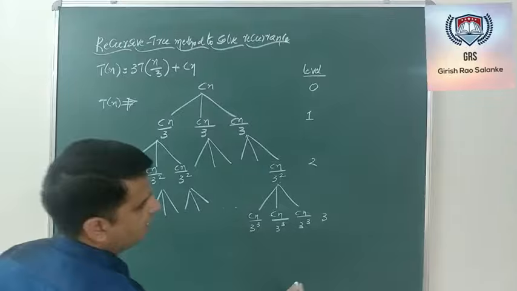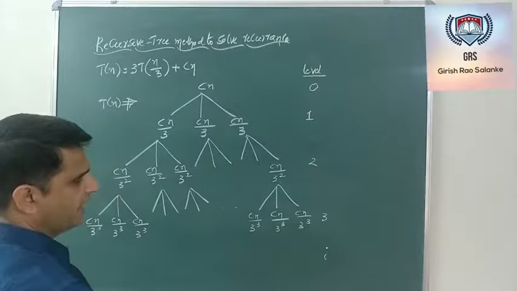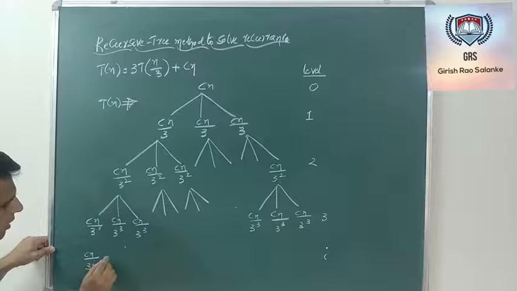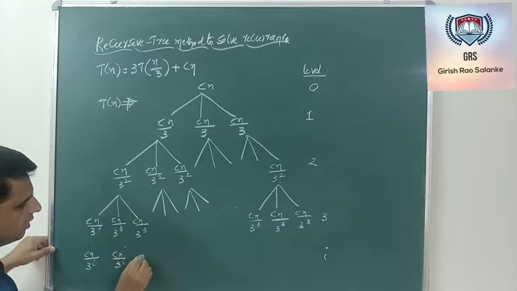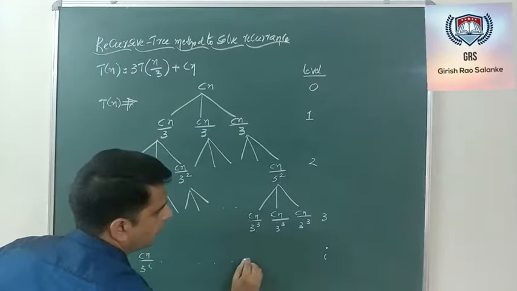Now, if I take level i, I'll just take two more instances. At level i, I may have cn divided by 3 to the power of i. Similarly, I may have cn divided by 3 to the power of i, and so on.